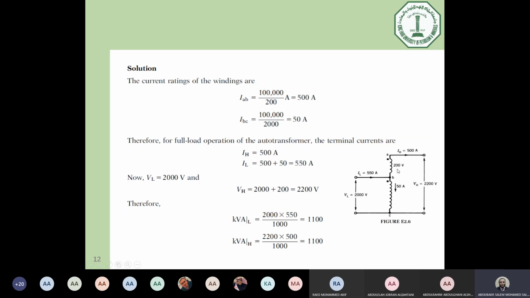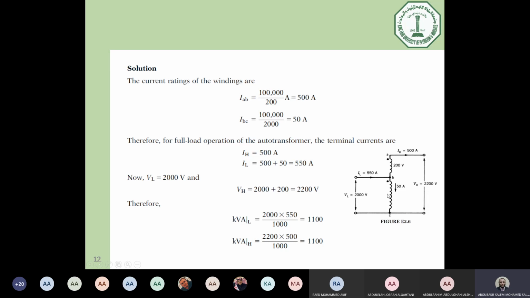So the 200 volt coil can support 500 amps, and this is the case here. And the 2000 volt coil can support 50 amps, and this is also the case here. However, the input current, because of the physical connection, will be the sum of the two currents.